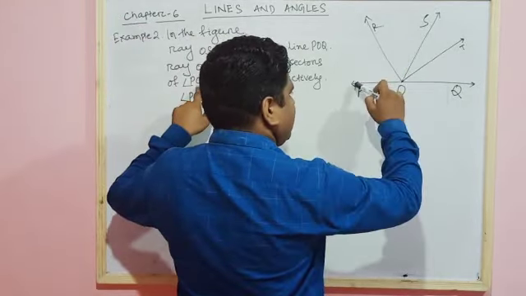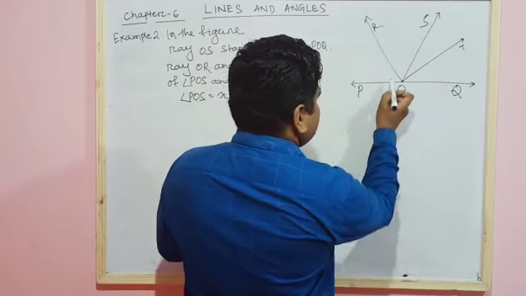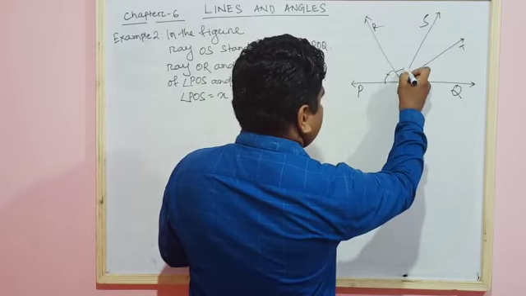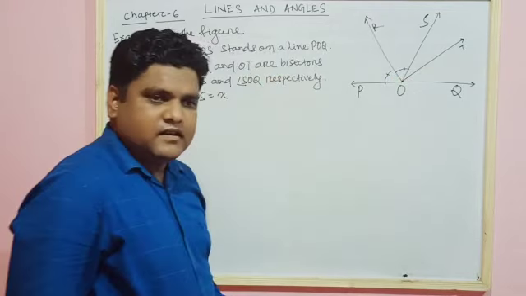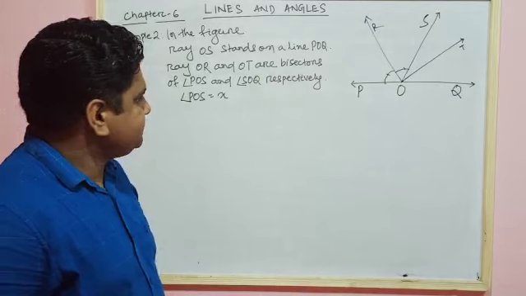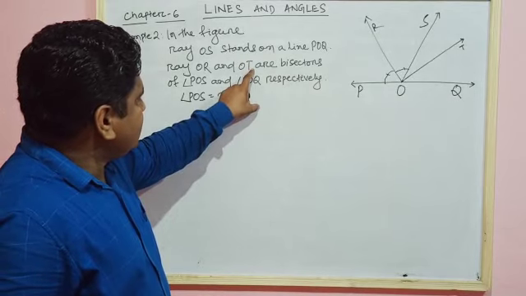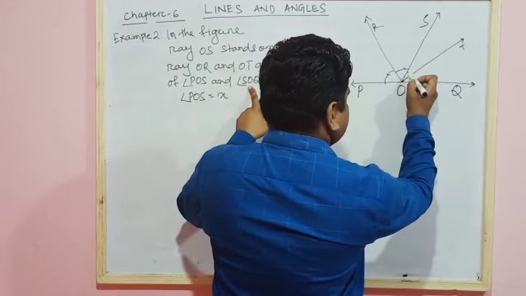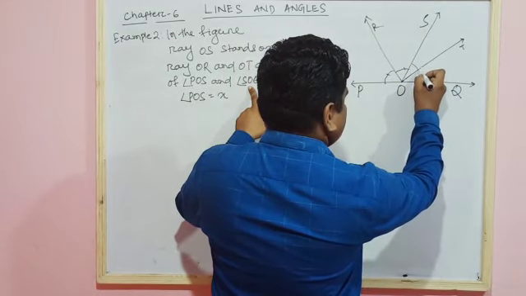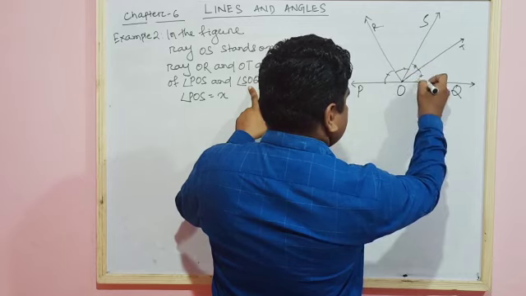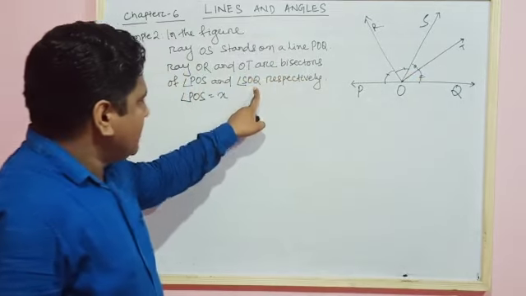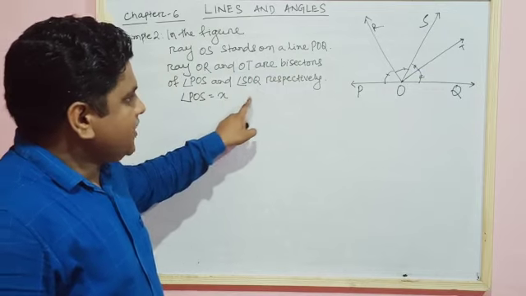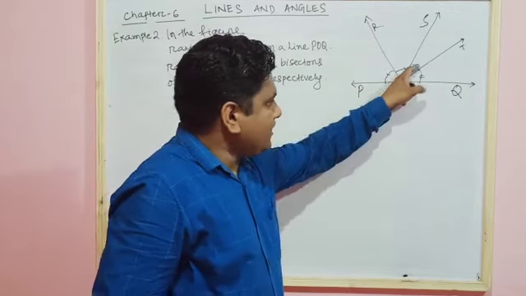OR is the bisector of this angle, meaning the measure of these two angles is equal. Let us symbolize it like this. And OT is the bisector of angle SOQ. OT is the bisector of this angle, so these two angles are equal. Given that POS equals x, we have to find the measure of ROT.